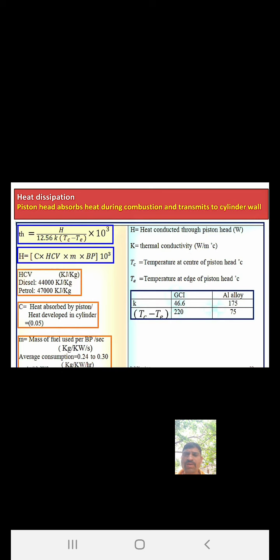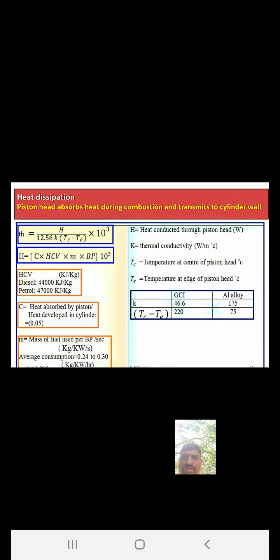How to calculate that H value? H = C into SCV into M into BP into 10 raised to 3. SCV is given in kilojoule per kg.